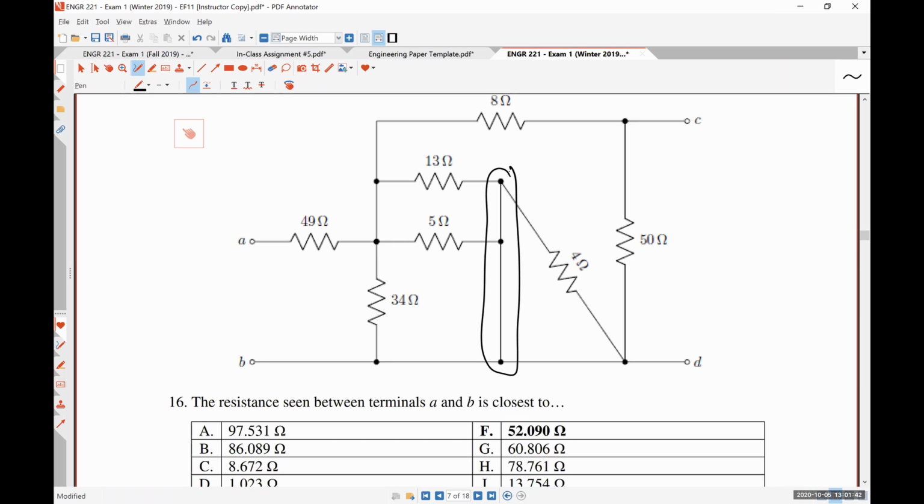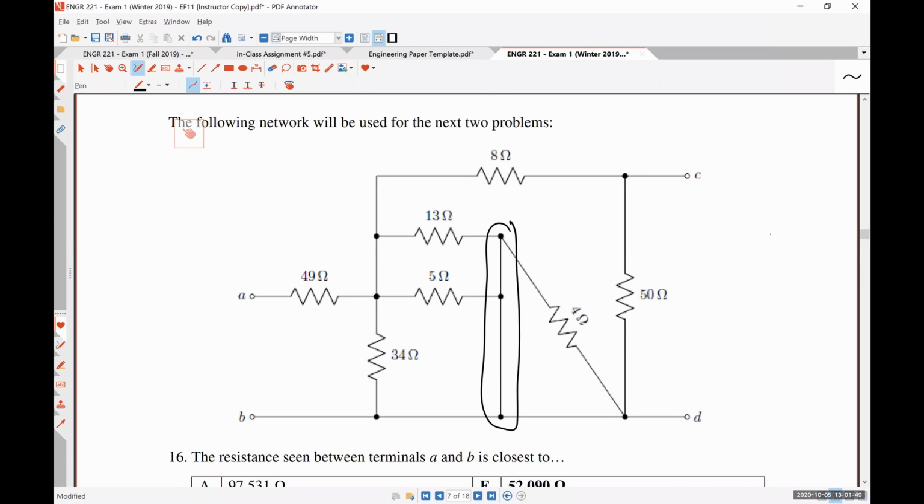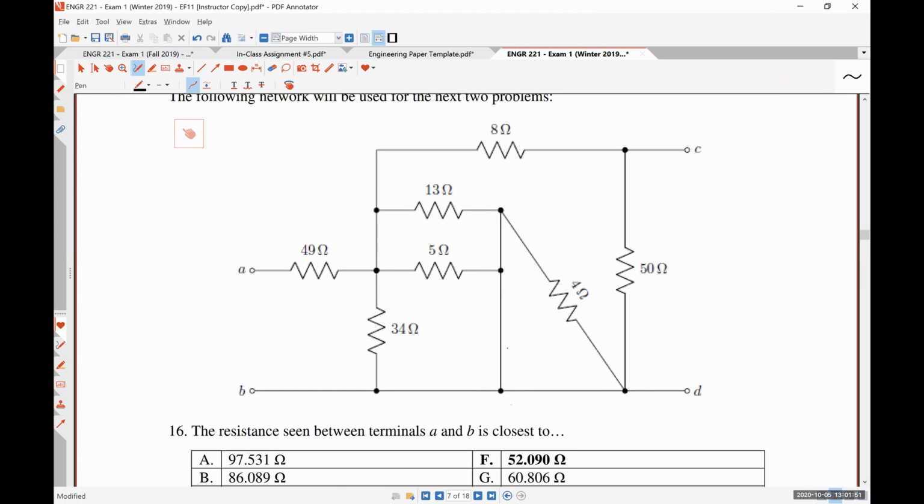While you're on this question, would you mind showing us how you would simplify that circuit? Like how you would go through going from A to B? Sure. So let me get some different colors out here.